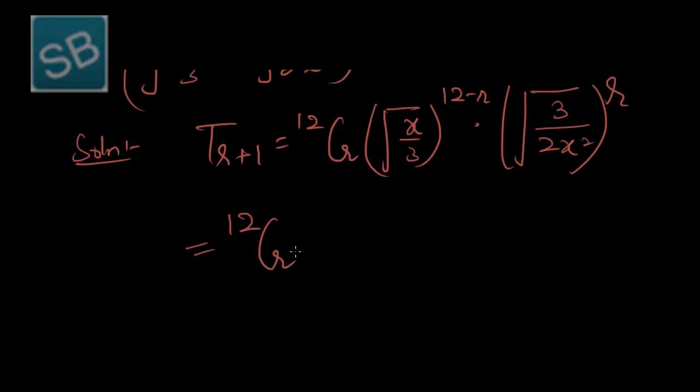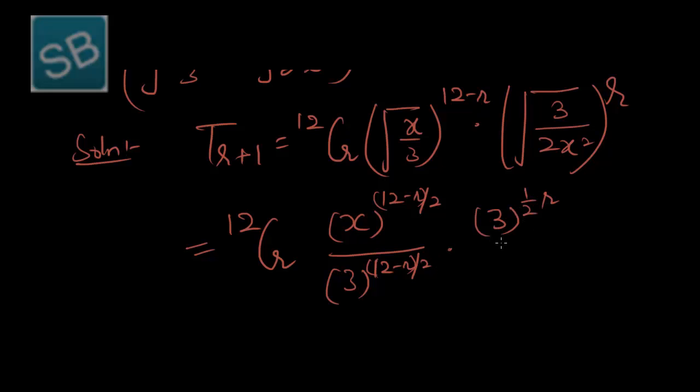This is 12Cr. And we have x raised to power 12 minus r divided by 2, that is under root, and 3 raised to power 12 minus r divided by 2. Write in the bracket, otherwise you will be confused. 12 minus r by 2. So we get here 3 raised to power half r and under root 2 raised to power, that is 2 raised to half r, into x raised to power half r.